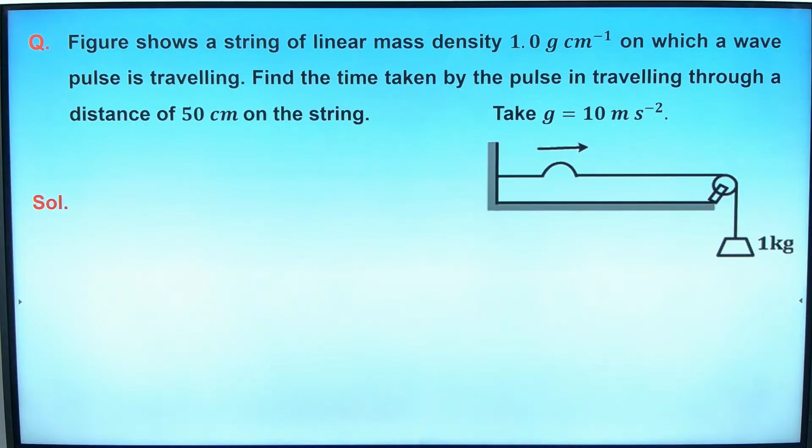Mass is given, mass density also is given. Let me check.